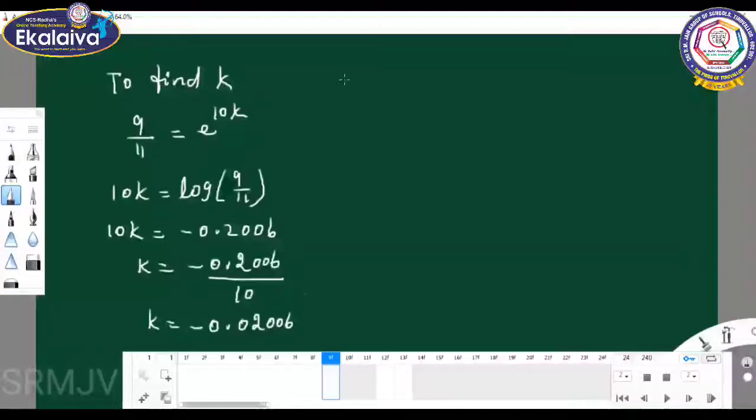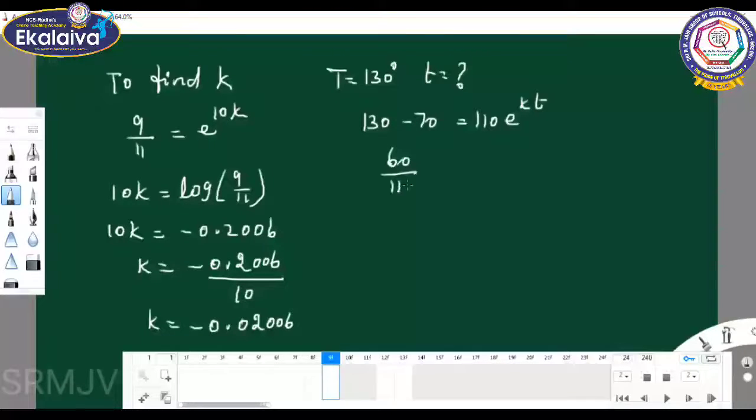Now for the temperature T equal to 130 degrees, what is the time? The same way you can proceed. You can apply 130 in equation 2: 130 minus 70 equal to 110 e power kt. So 60 by 110 equal to e power kt, that is 6 by 11.